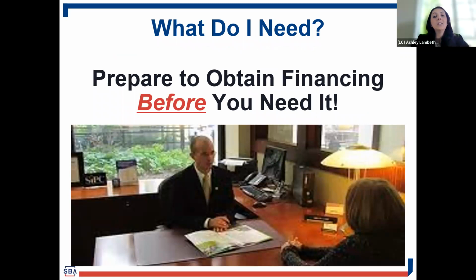So what do you need to know about what the lenders are looking for? First, you want to prepare to obtain financing before you need it. One of the things that I've seen for businesses that maybe are seasonal or may be going through a little bit of a struggle is they wait far too long to apply for funding.